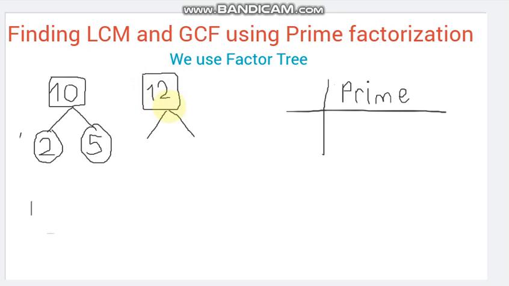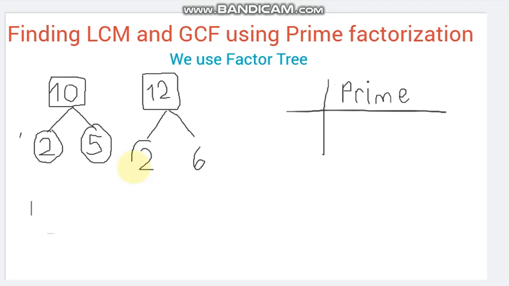Remember, this is an even number. For an even number, we can use number 2, which is the only even number that is prime, so it will be easier for us to use number 2. So 2 times 6 makes number 12.